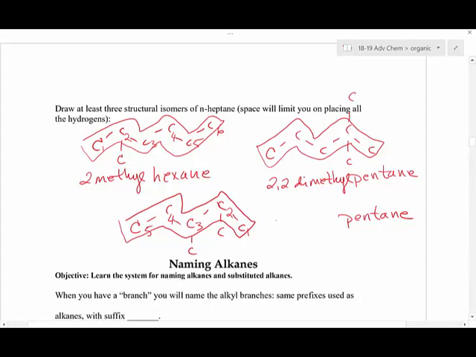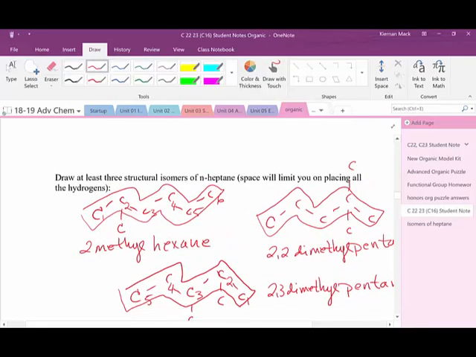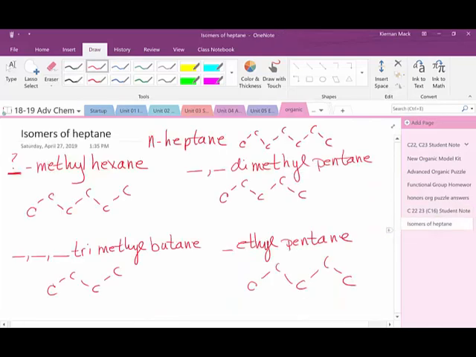That gives me 2,3-dimethylpentane. So let me show you a variety of isomers of heptane. So we just did, I believe, 2-methyl. If I move that to the next one, that makes it a 3-methyl.